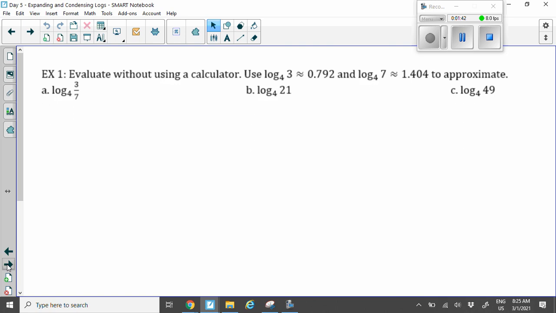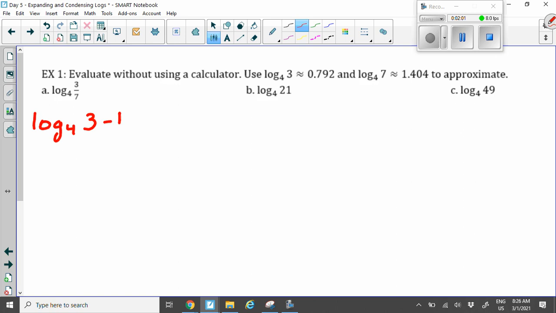Now, the idea here is that we are going to be using our log properties to expand here, okay? So let's look at log base 4 of 3 divided by 7. This is our quotient property. So if we wanted to expand, we could say log base 4 of 3. Remember, we're going to subtract, minus log base 4 of 7, okay?